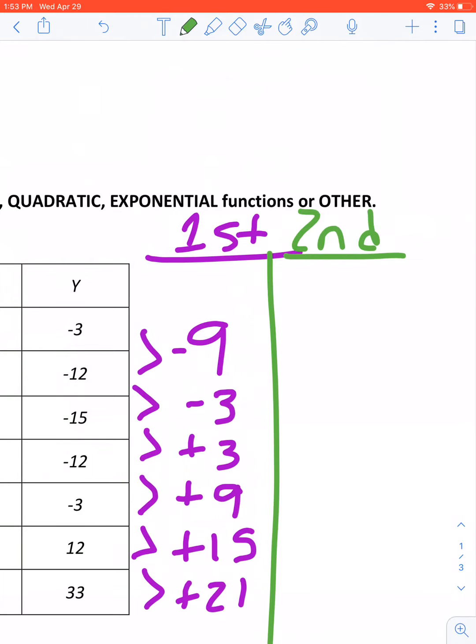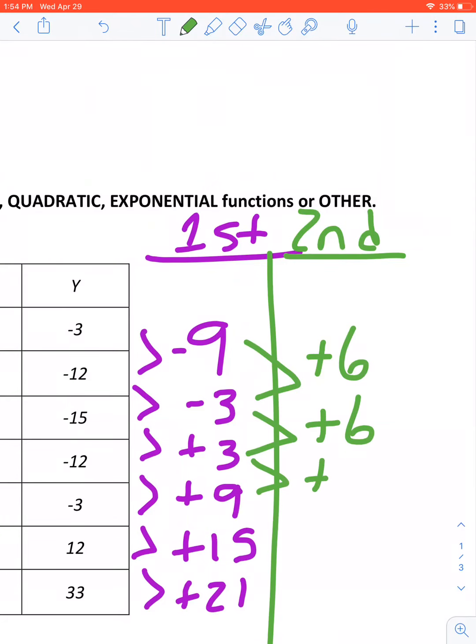So how do I get from -9 to -3? Well, I add 6. How do I get from -3 to 3? I add 6. How do I get from 3 to 9? I add 6. How do I get from 9 to 15? I add 6. How do I get from 15 to 21? I add 6.